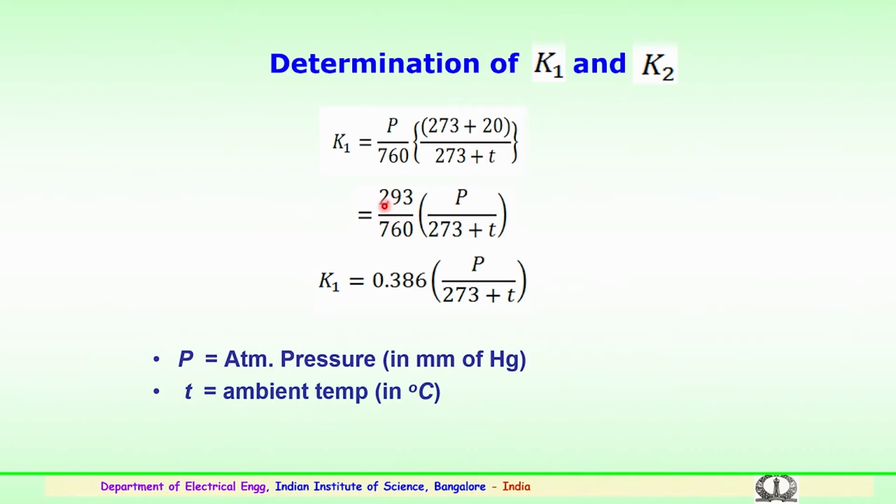So, this will be equal to 293 by 760 into P by 273 plus T, where K1 will be equal to 0.386 into P by 273 plus T, where T is the ambient temperature and P is the atmospheric pressure in mm of mercury, mmHg. So, this is how K1 is calculated.